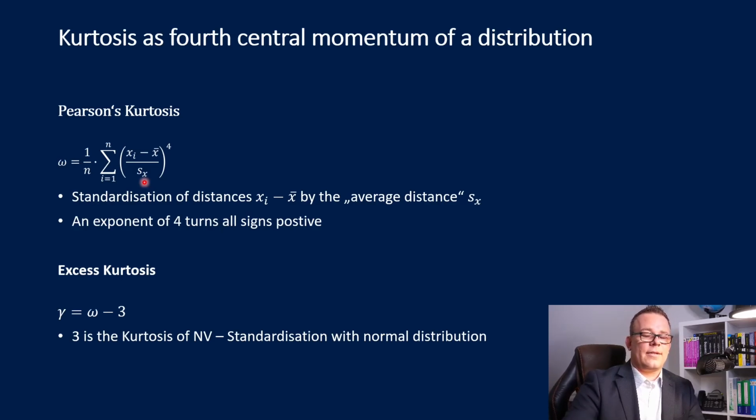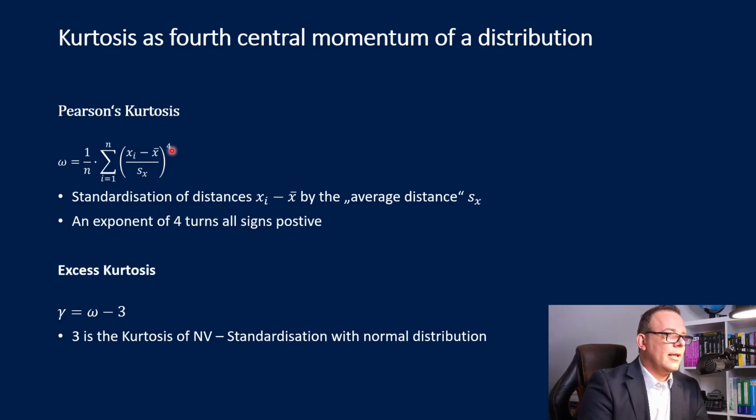So a distance smaller than the standard deviation gives a fraction between -1 and 1, and distances above the standard deviation will have a fraction that is larger than 1 or below -1. Then, taking them in the power of 4 will turn all signs positive.